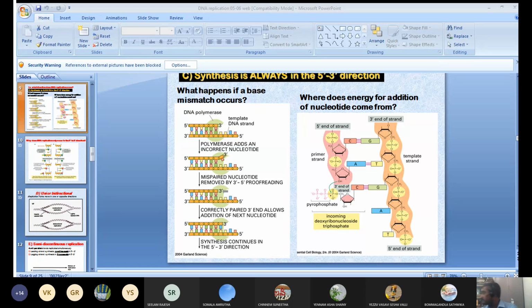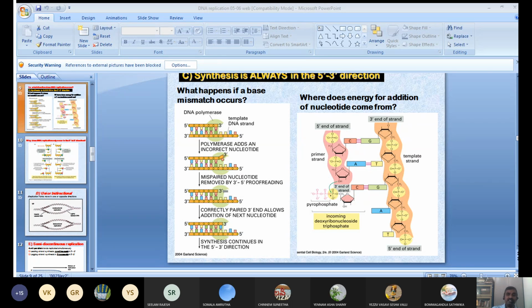Here, these two phosphates will be released in the form of pyrophosphate, and the phosphate will join to this hydroxyl group, forming the phosphodiester bond. That phosphodiester bond always helps to join one nucleotide to the other nucleotide.